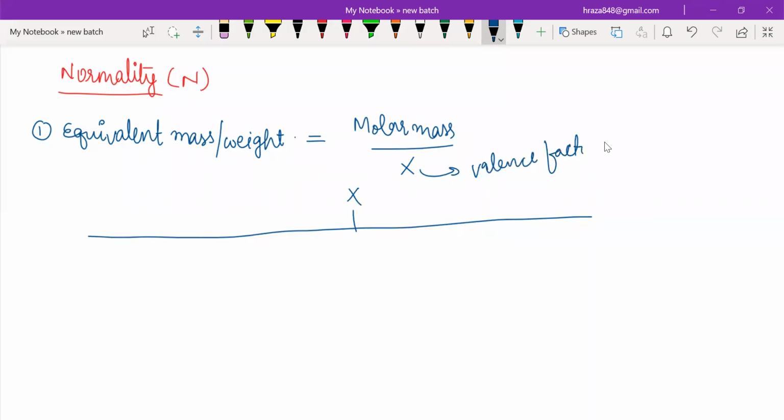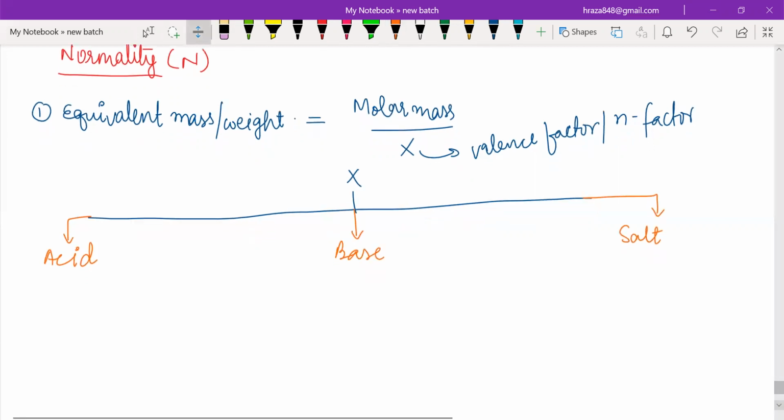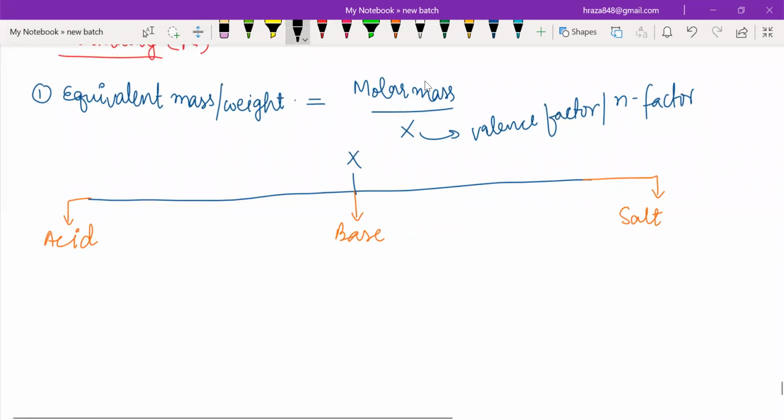For acid, how we are going to calculate it, for base, and for salt, I'm going to tell you. Sir, you're lagging in between. Okay, wait a minute.